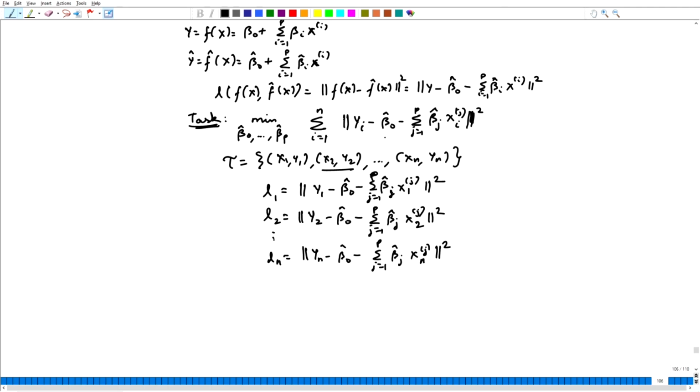So, the values of beta naught hat up to beta p hat that you find here, this is what you do in OLS, which is called the ordinary least squares. The name is very clear because you are minimizing the sum of squares, so that is why you get the name least squares. It is called ordinary least squares because different kinds of least squares exist in the literature.